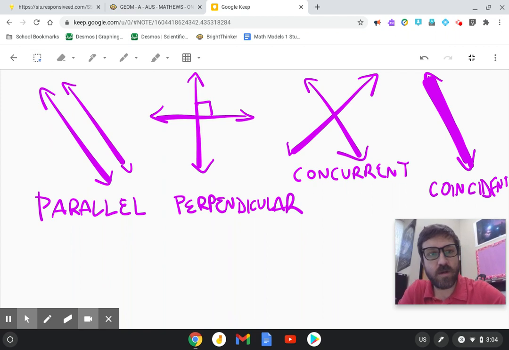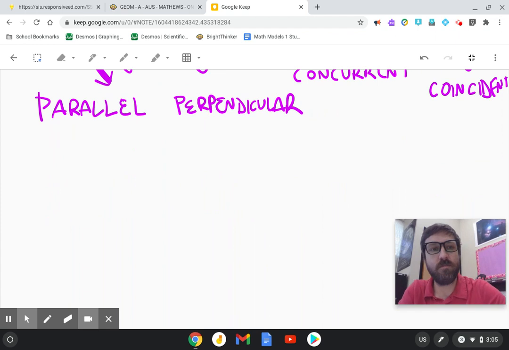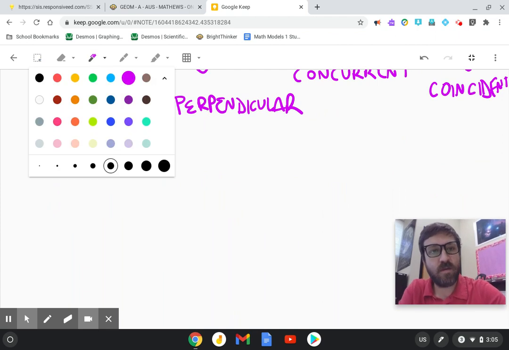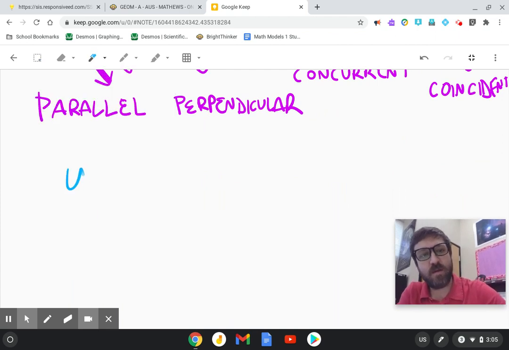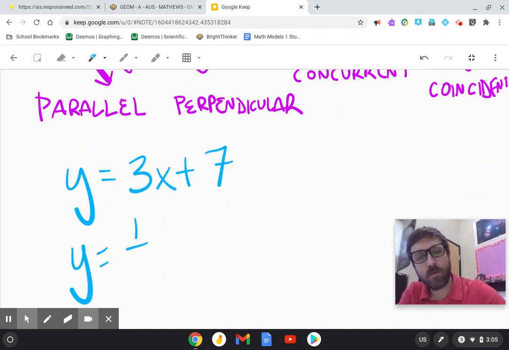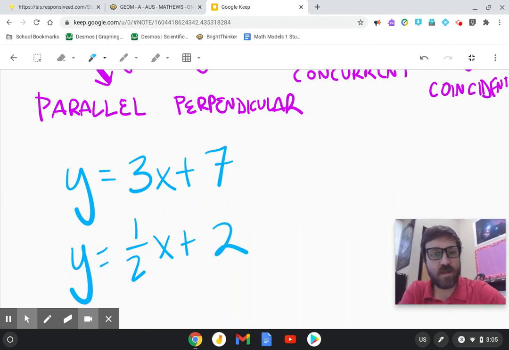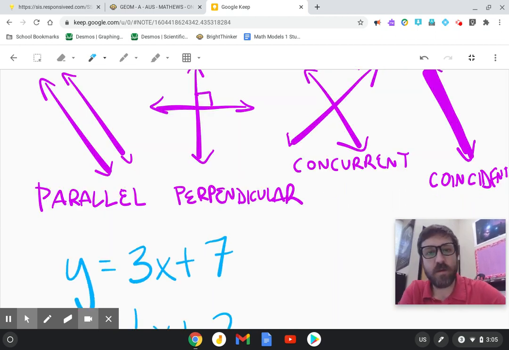But I am going to talk about how, like I said in this lesson, we determine each of these categories when we're looking at the two equations. And what I mean is this. If I get the equation of two lines, what can I use in these equations to determine any of these possibilities?